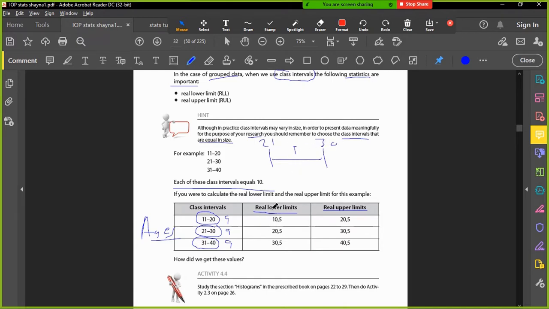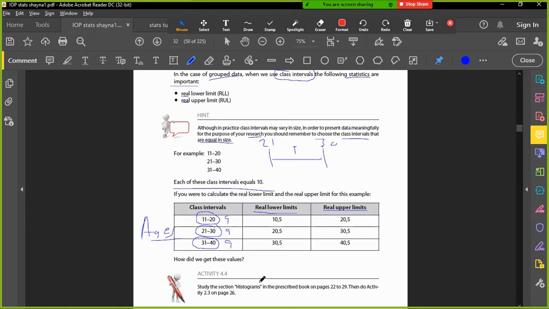Here they said the real lower limit and the real upper limit. So here you've got 10.5 and 20.5. Here you've got 20.5 and 30.5. Here you've got 30.5 and 40.5. So they've given you the lower and upper real limits for those intervals.